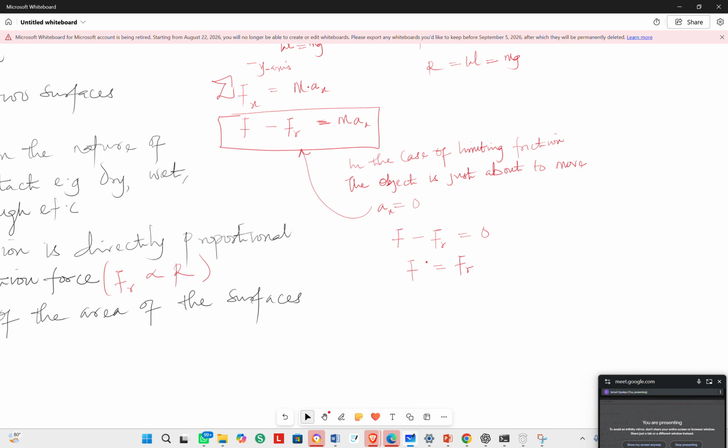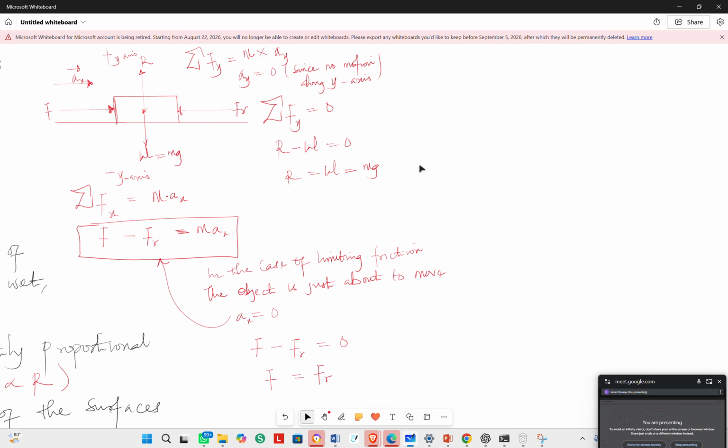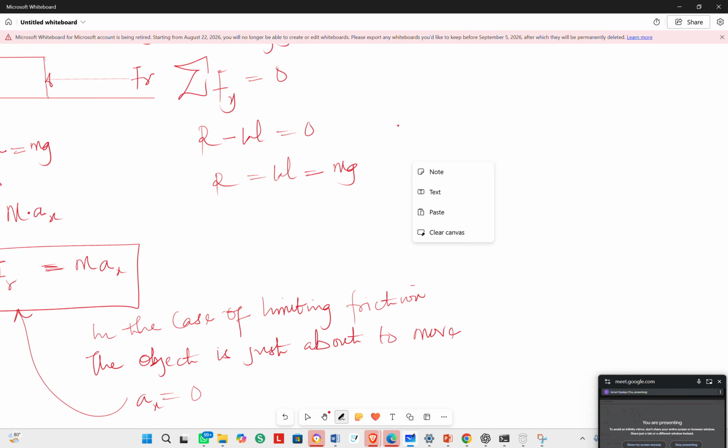So let's quickly work out something here. If the force of friction is proportional to R, and you want to remove this proportionality sign, you're going to introduce a constant.